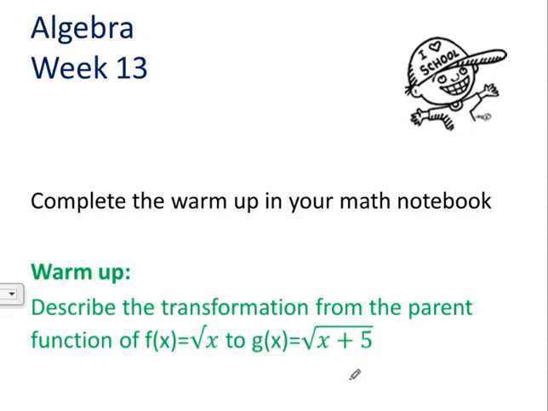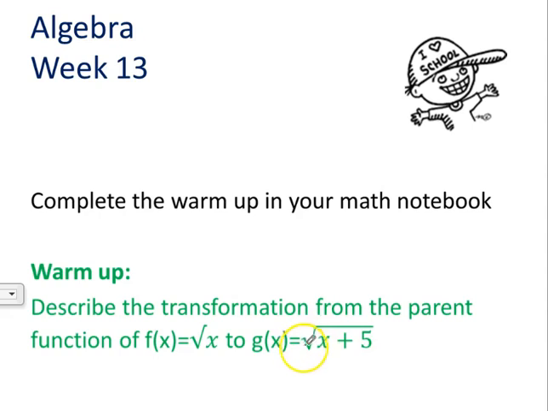So what type of transformation occurs when we add underneath the square root sign x plus 5? Go ahead and take a moment to answer this question. Otherwise, I'm going to go over the answer in a moment, but I do want you to try this on your own first. So if you need more time, go ahead and click pause.